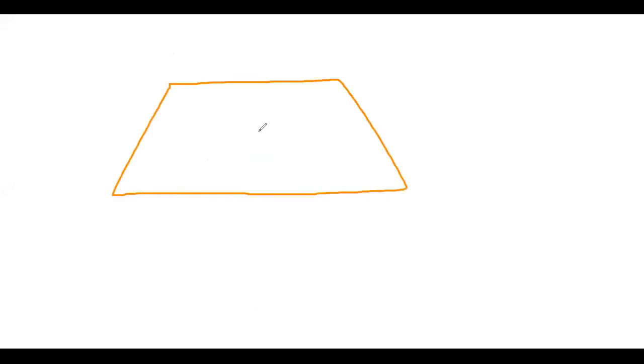When one pair of opposite sides is parallel, then it's a trapezium, and the other sides are non-parallel. Parallel sides can't be equal here; if the parallel sides become equal, then it will be a parallelogram. If the other sides are equal, then it will be called an isosceles trapezium, right?